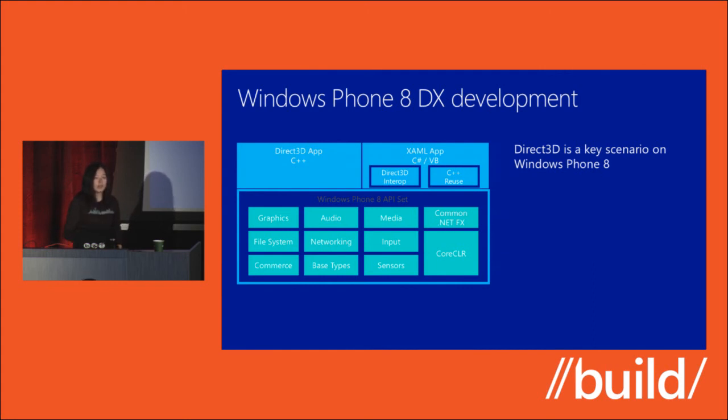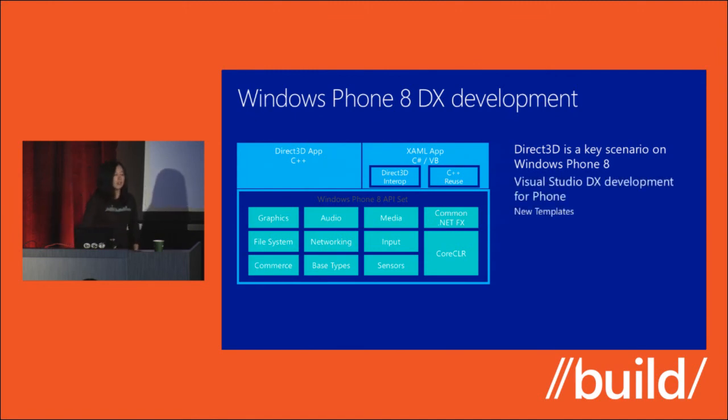But I wanted to point out one thing, which is that Direct3D is a key scenario on Windows Phone 8. In fact, in this release, we added native C++ support. We added DX support so that you can do all those great apps on Windows Phone 8 as well. Again, you can do interop between XAML and DX as well. We just announced the SDK for Windows Phone 8.